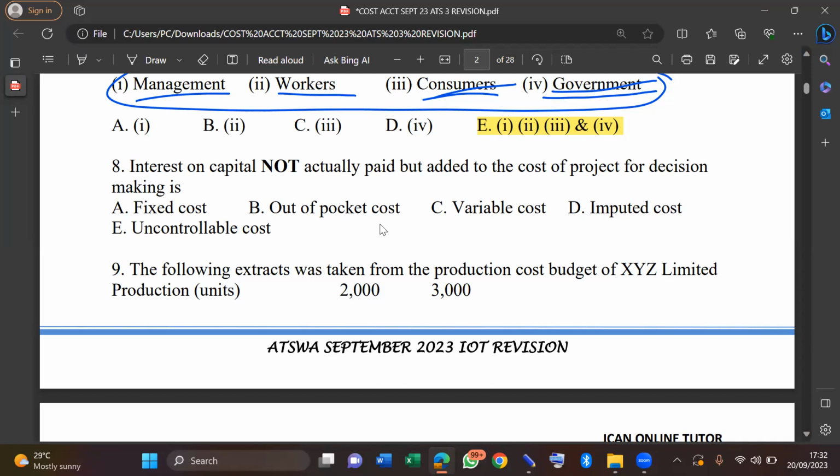I'm waiting for you. Is it a fixed cost? Is it an out-of-pocket cost? Is it variable, imputed, or uncontrollable cost?